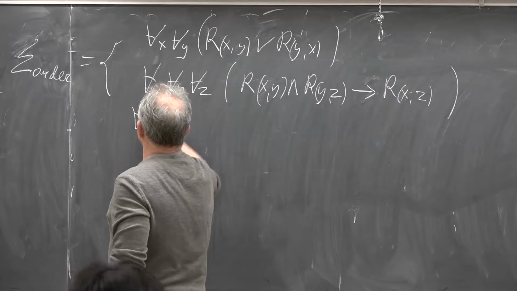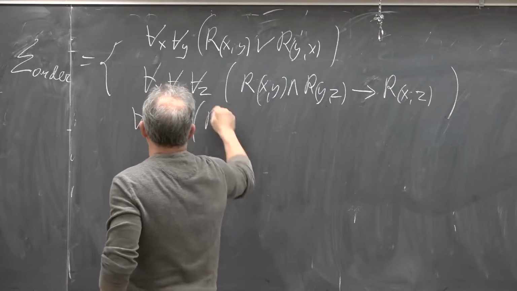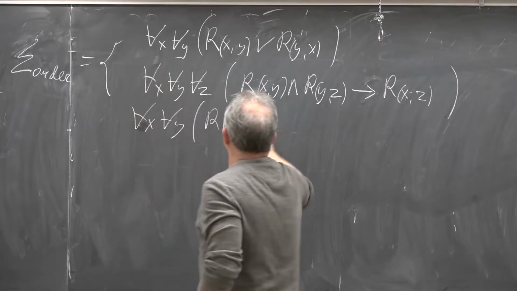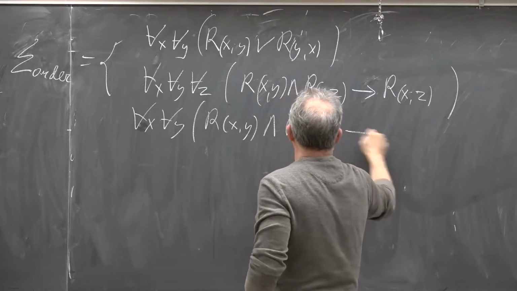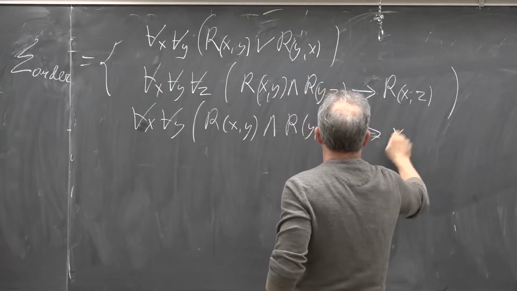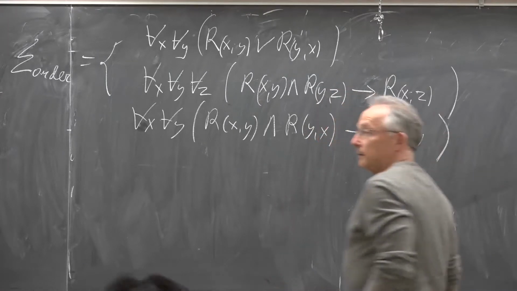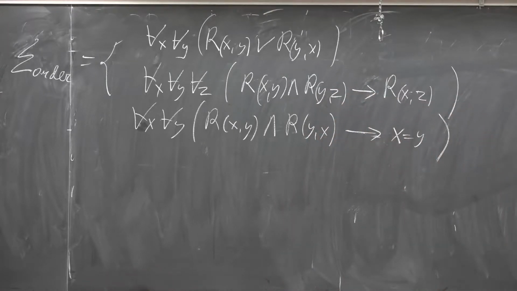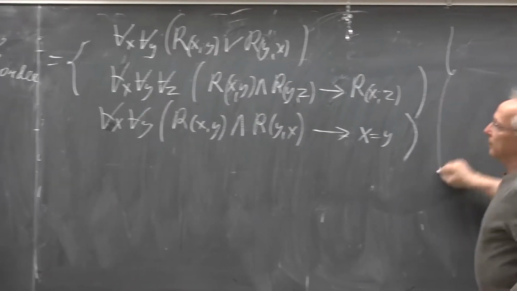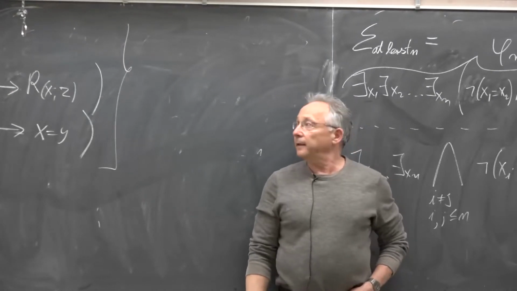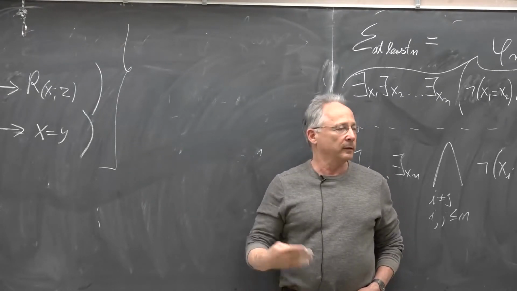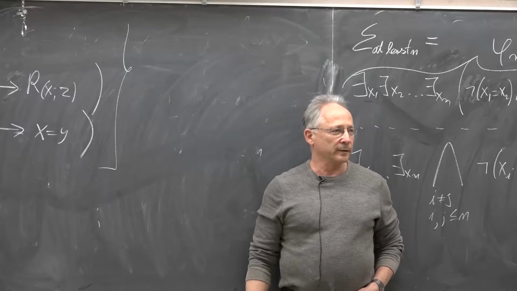Remember that we do have equality in our language. So those three requirements define the set of all total orderings.